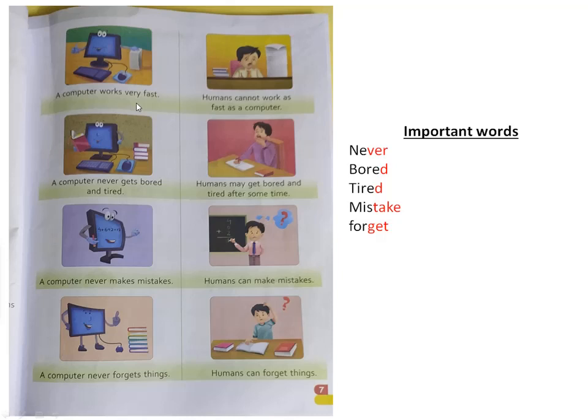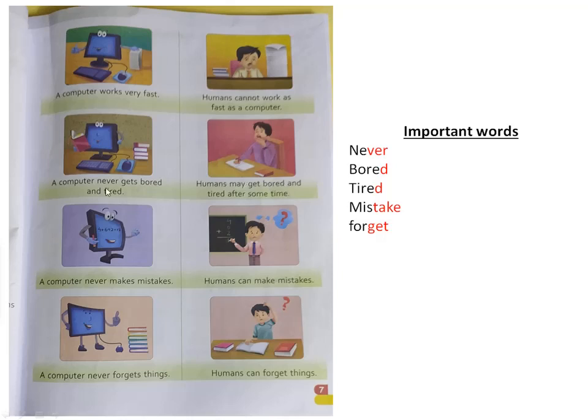A computer works very fast. Humans cannot work as fast as computer, right? A computer never gets bored or tired, but humans may get bored and tired after some time. You also get bored and tired, right? After writing your worksheets and notes.